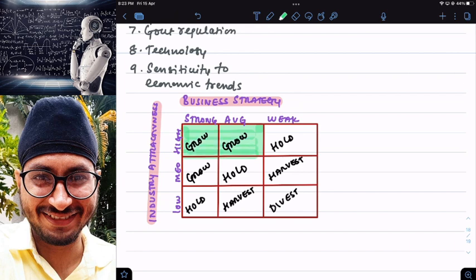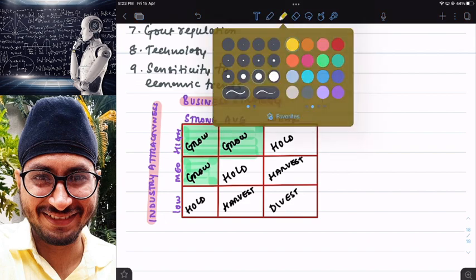Next, hold is represented by yellow color.